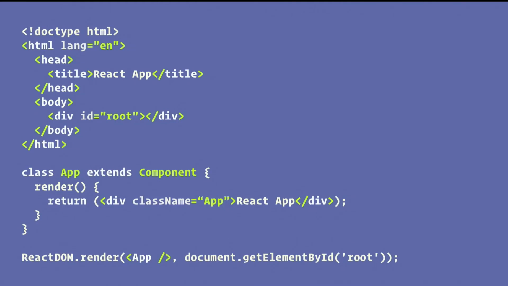And then that last line is where you attach it to the DOM. So you have ReactDOM, you have a render method, and then you're telling React, okay, render the component App and put it where there's an element with the ID of root. And that's how you get it to run your React app.